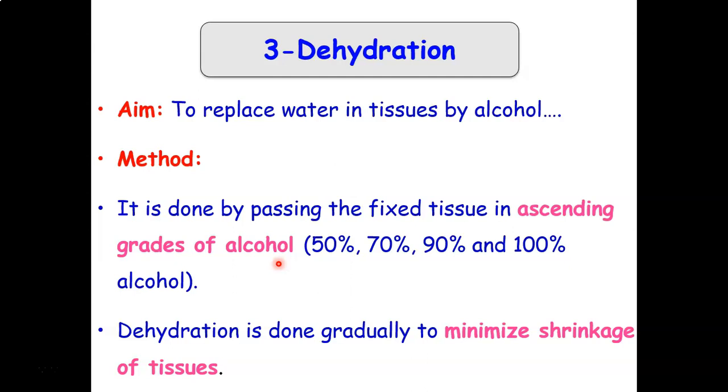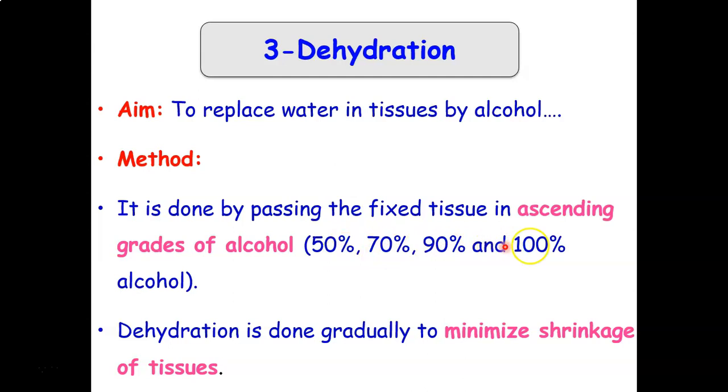It is done by passing the fixed tissue in ascending grades of alcohol, 50%, 70%, and then we put it into 90% until we reach absolute alcohol.